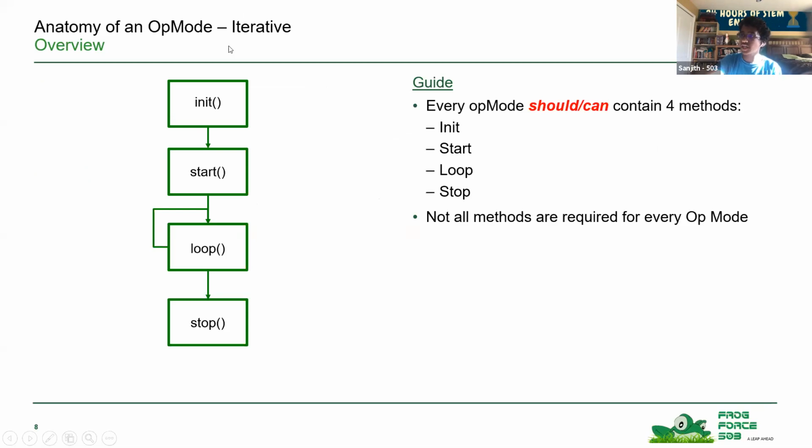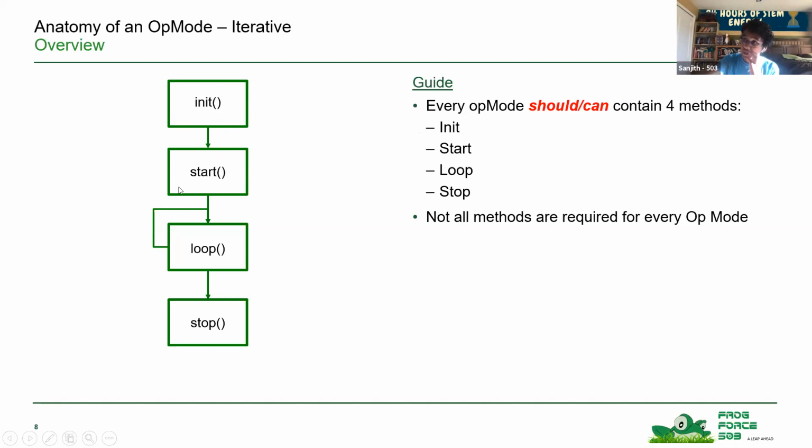So we'll talk about the regular op mode first, the iterative op mode. There are 4 methods: init, start, loop, and stop, and they basically do what they say. Init is called as soon as you press the init button. Then it waits until you press the start button.